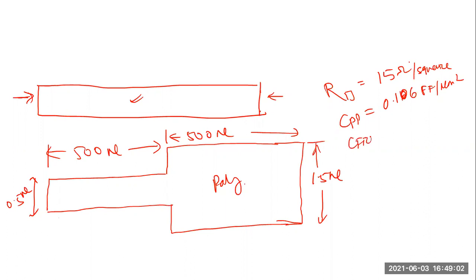C fringe, you will use 0.043 femtofarad per micrometer. So now first do the calculation quickly, then implement it. Just edit on that. Please do it fast.